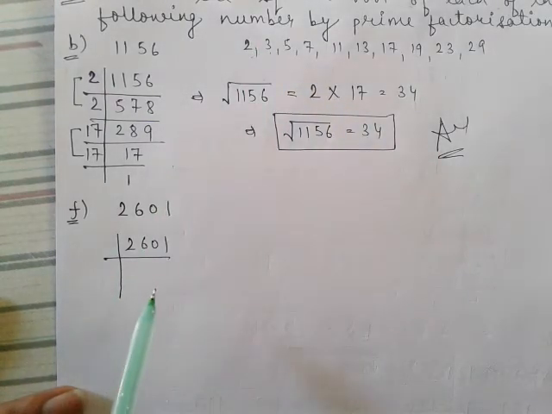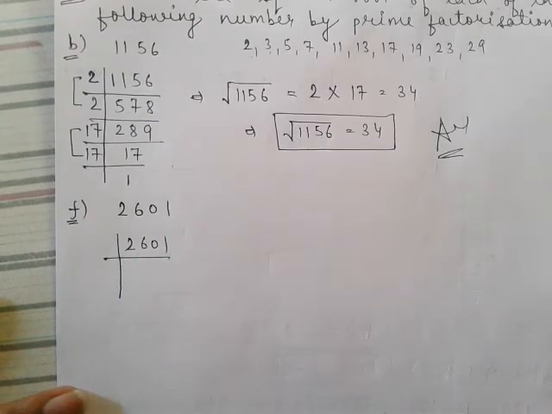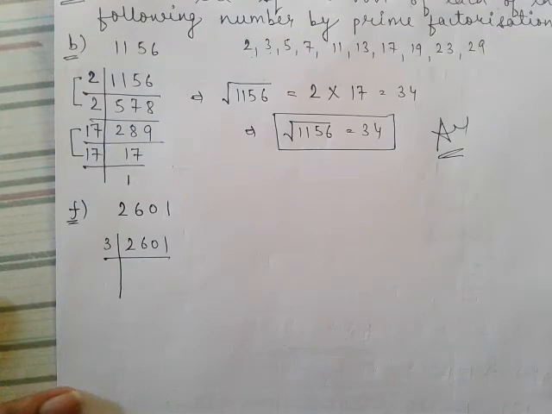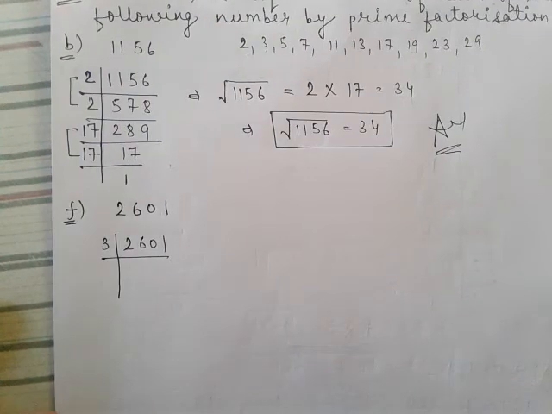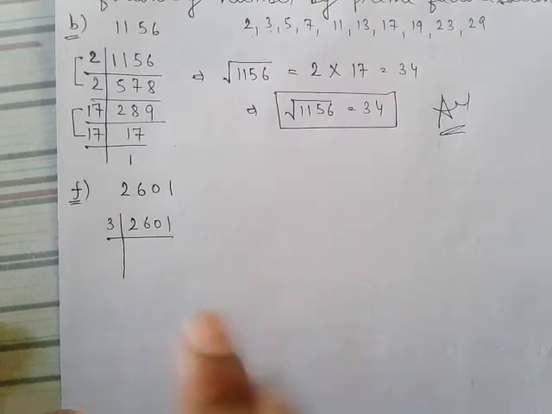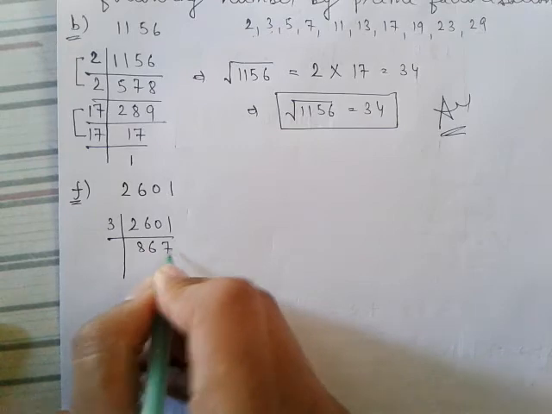So we will check the divisibility for 3. So 2 plus 6 is 8, 8 plus 1 is 9. So it can be divisible by 3. So we will start with 3. Okay, I think you know about the divisibility rule. Okay, if you don't know about the divisibility rule, you message me with your homework today. Okay, so 3 times 8 is 24, 3 times 6 is 18 and 3 times 7 is 21.